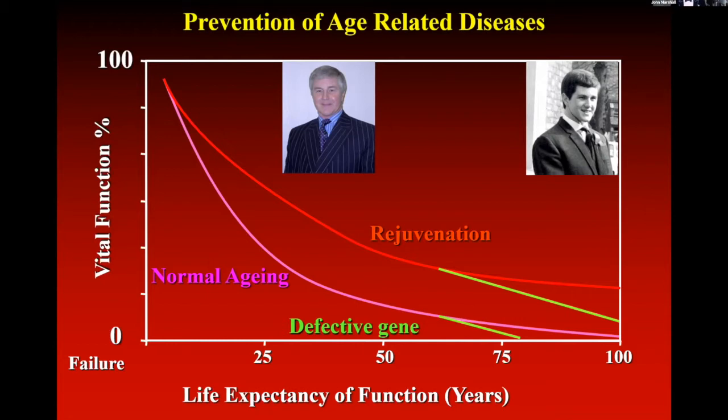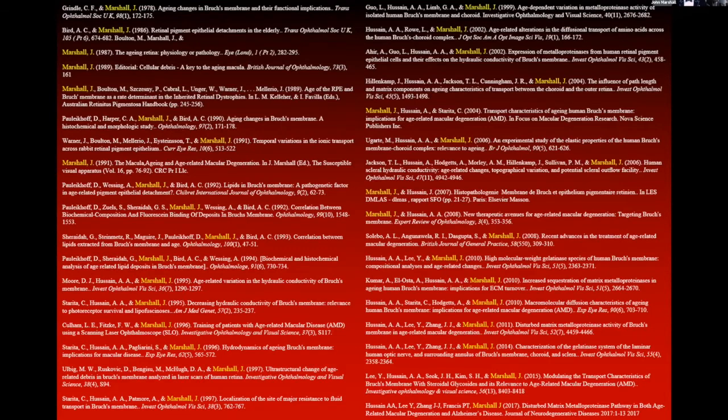So I'm not going to go into this in great detail, but there are getting on for 100 publications in which we've investigated this process, and it's clearly related to a progressive decline in the body's natural processes to degrade the deposits in Bruch's membrane and to clear the lipofuscin.